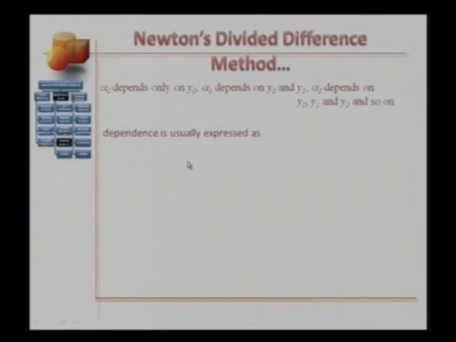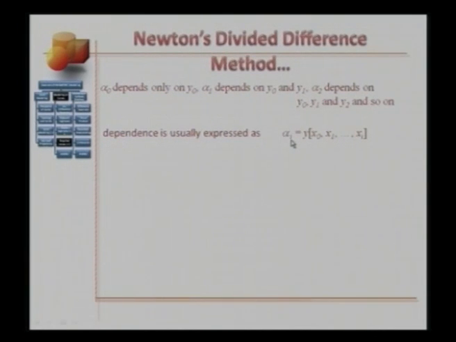In general, we can express this dependence as follows. Alpha i is equal to y within square brackets. Now this is important. y within square brackets, function of x0, x1 up till xi. Let's try to go back here. Alpha 0, that is for i equals 0, would depend only on x0.